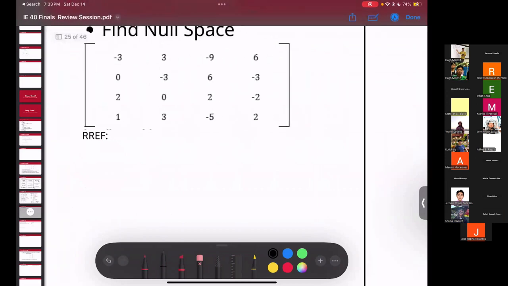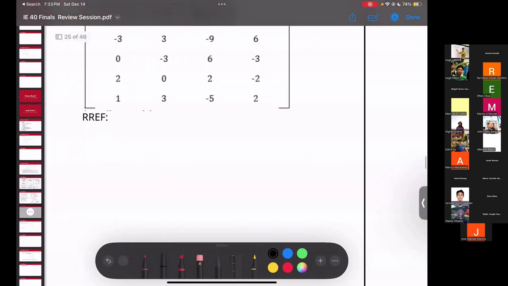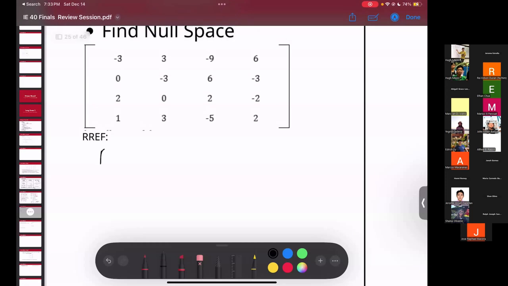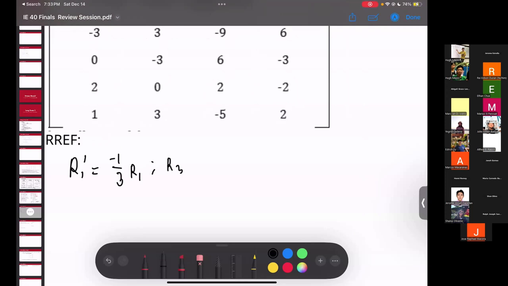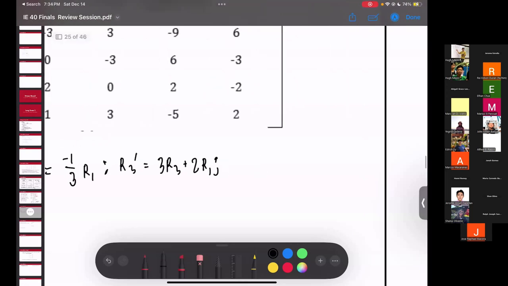So in this case, so I do not screw up the arithmetic, I brought a guide. The first thing I'll do, just to clean everything up, is R1 prime is equal to -1/3 R1, and R3 prime is equal to 3R3 plus 2R1. And then I'll also do R4 prime is equal to 3R4 plus R1.